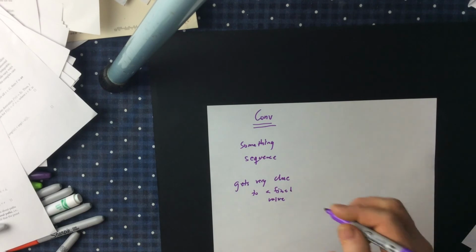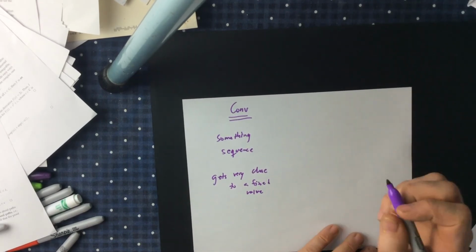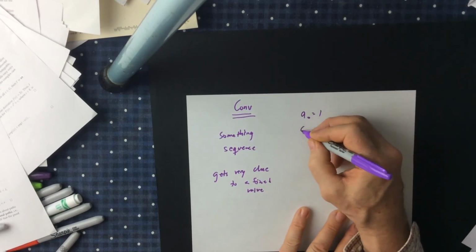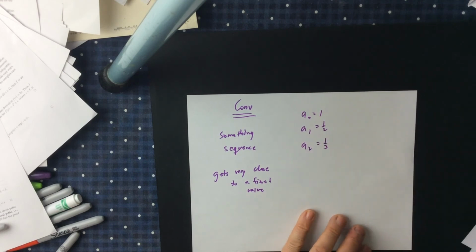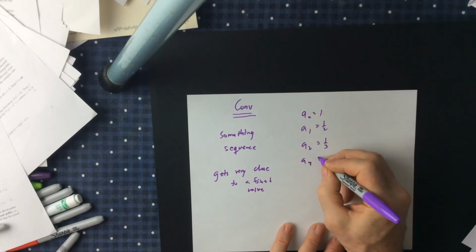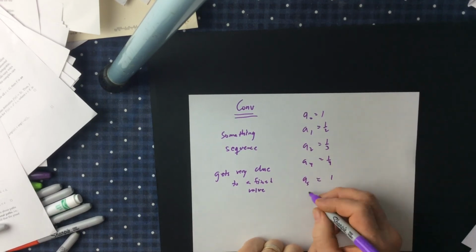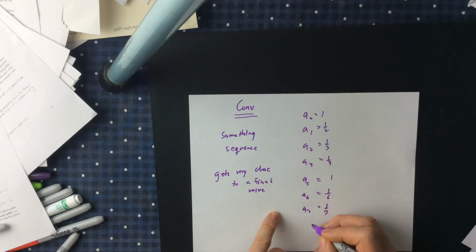We can't have somebody keep running away. So I'll give you a sequence that seems to be getting really, really close to 0, but some things cause trouble. Ready? A1 is 1. A2 is a half. A3 equals a third. A4 equals a fourth. But every time I get a 5, I'm going to go, oh, back to 1. A6 equals a sixth. A7 equals a seventh.